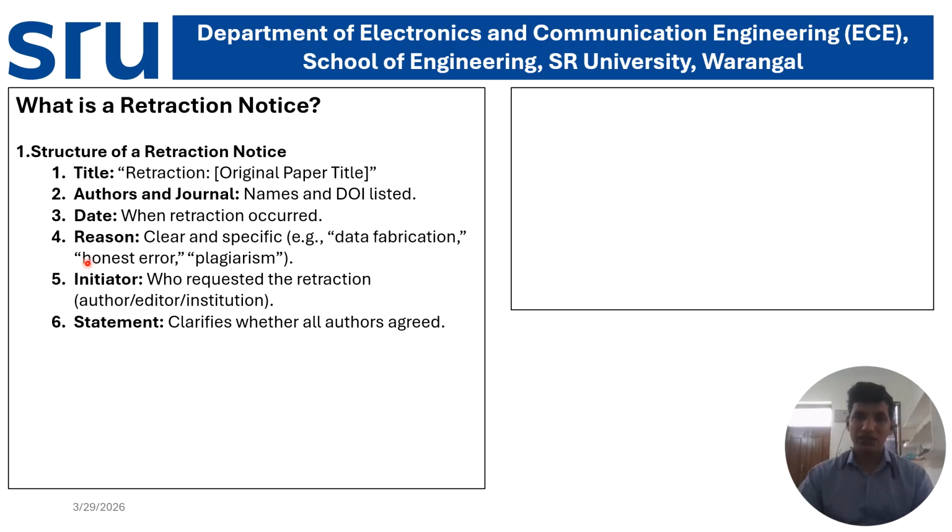Reason: clear and specific, for example, data fabrication, honest error, plagiarism. Next, initiator: who requested the retraction, author, editor, or institution. Statement: clarifies whether all authors agreed.